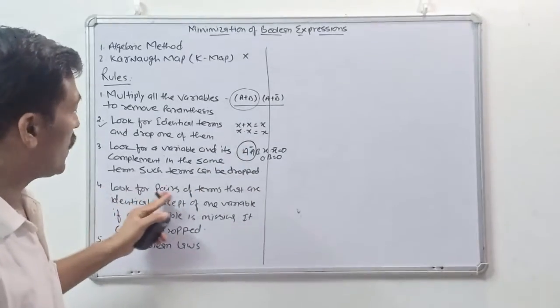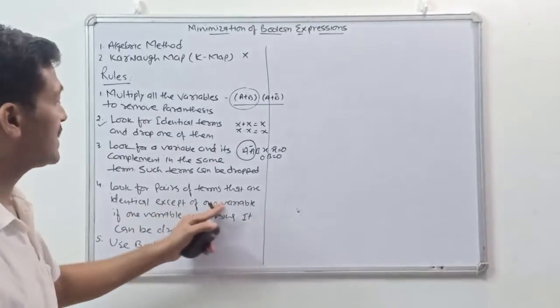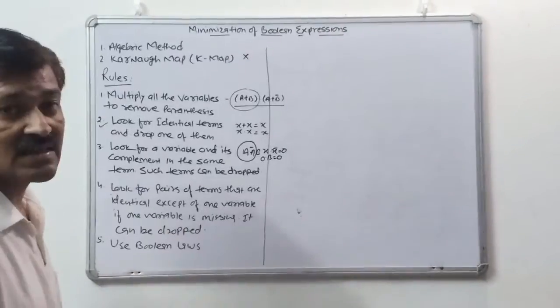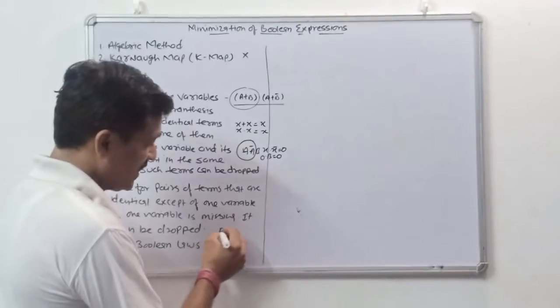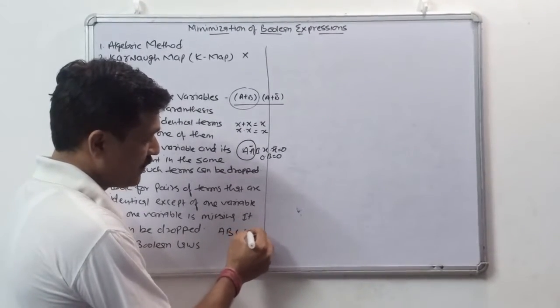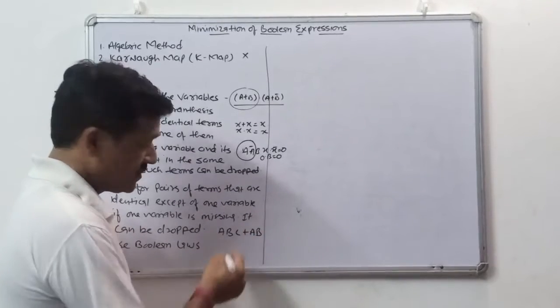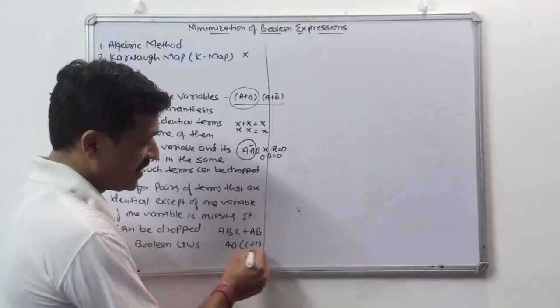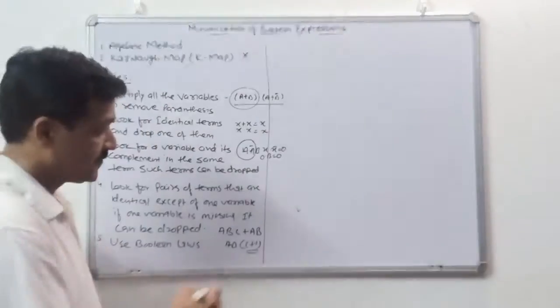Number 4, look for pairs of terms that are identical except for one variable. If one variable is missing, it can be dropped. As we can say, ABC plus AB. So AB can be taken as common, C plus 1 is left, and x plus 1 is 1.